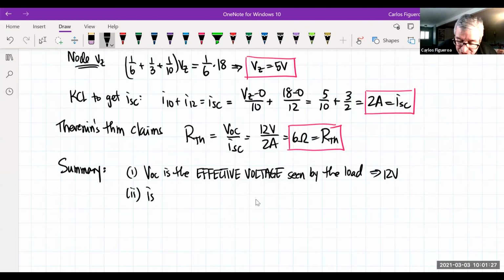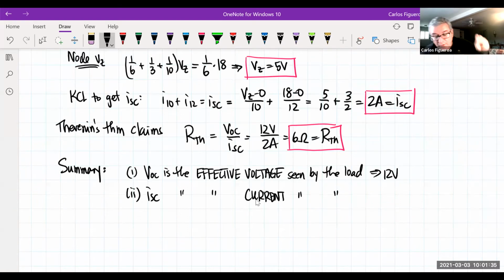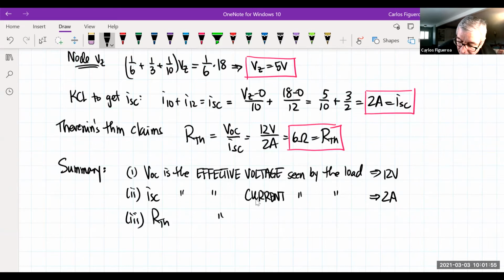So I short circuit is what? The effective current seen by the load. So right before I take out the short to put the load in, what is that element going to see? In this case, it's going to be 2 amps. And if I look at the effective resistance, if I ignored everything and I just said, what is that load going to see at that moment?